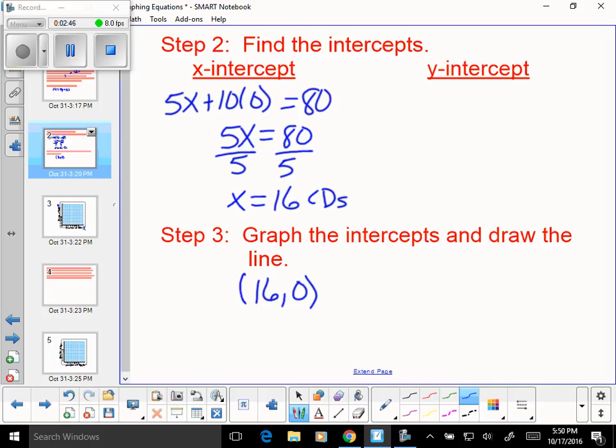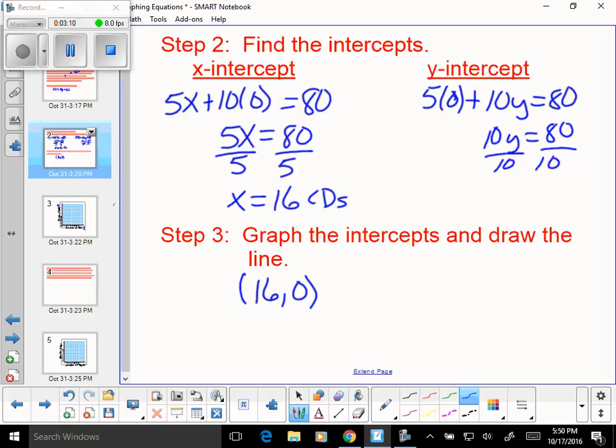Well, let's do the opposite idea. What if I don't buy any CDs? So that means I want to let x be 0. I'm going to buy all DVDs. 5 times 0 is 0. So I have 10y equals 80.